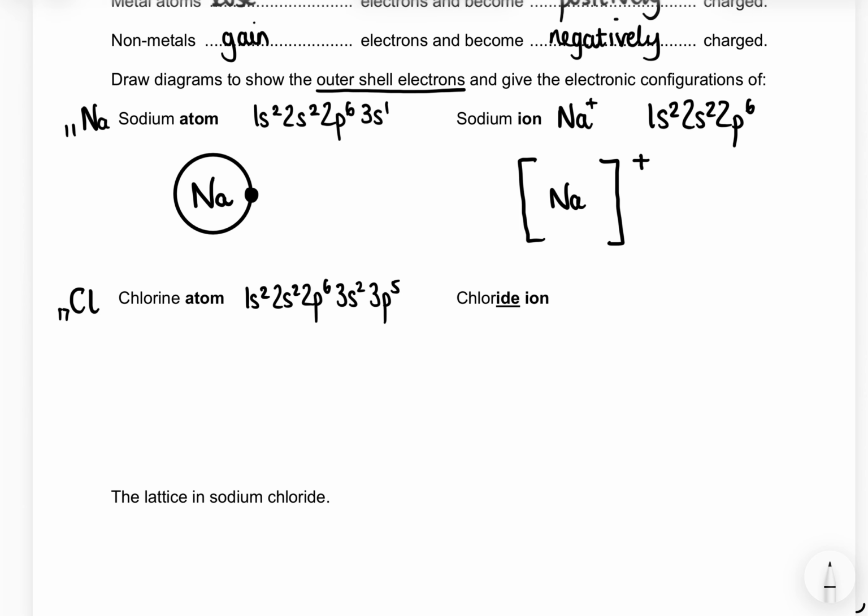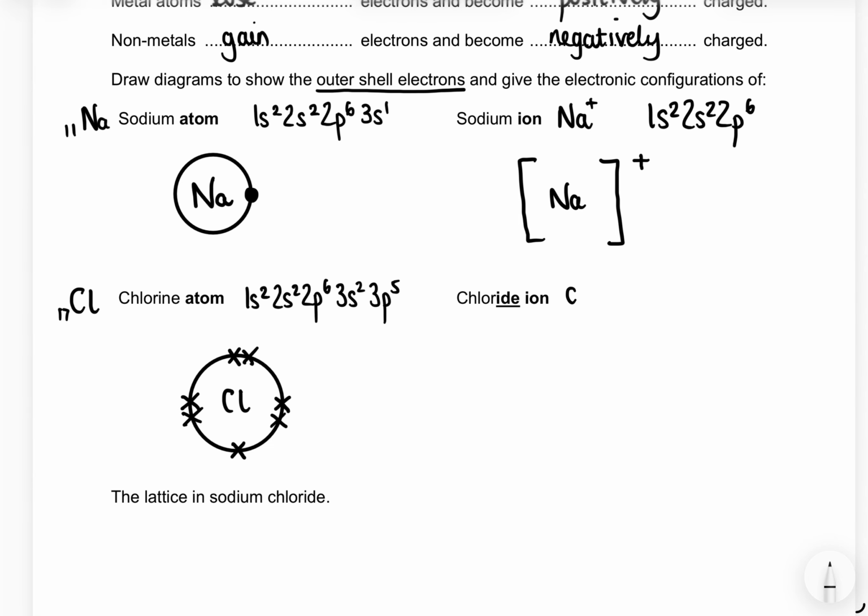If we were to draw chlorine with its outer shell, that outer shell has 7 electrons on it, 2 in the S and 5 in the P. So we can see that we've got an unpaired electron on chlorine.